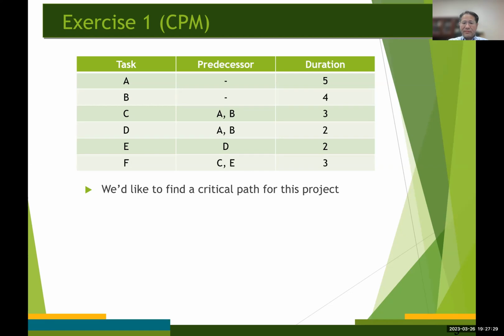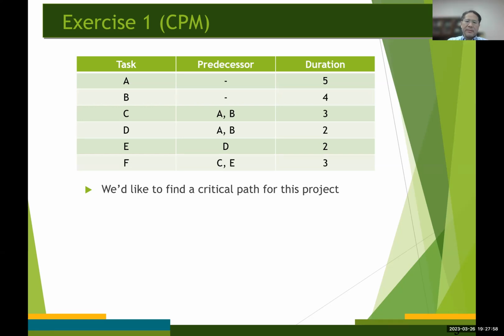So let's first construct the AOA network, the activity on arc network. I want you to recall that in the AOA network, a directed arc represents each activity or task, and the nodes are used to represent the completion of a set of activities.